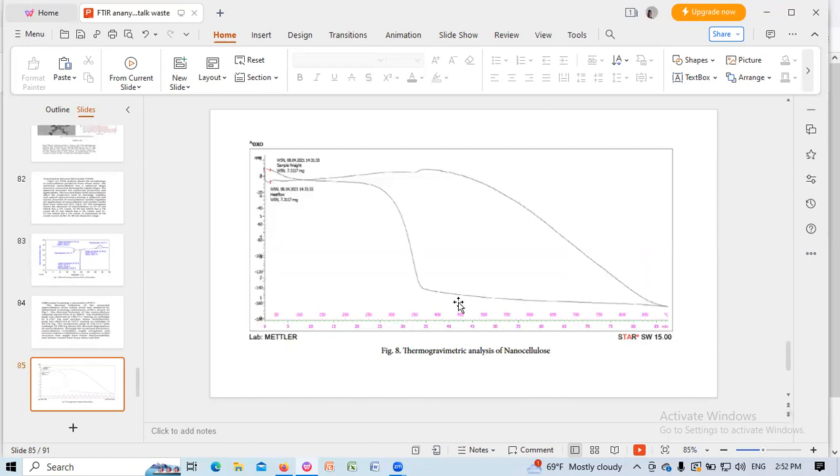This is the thermogravimetric analysis TGA curve. This curve shows initially a smaller amount of weight loss was observed due to evaporation of water that is loosely bound to the nanocellulose surface at temperature below 120.